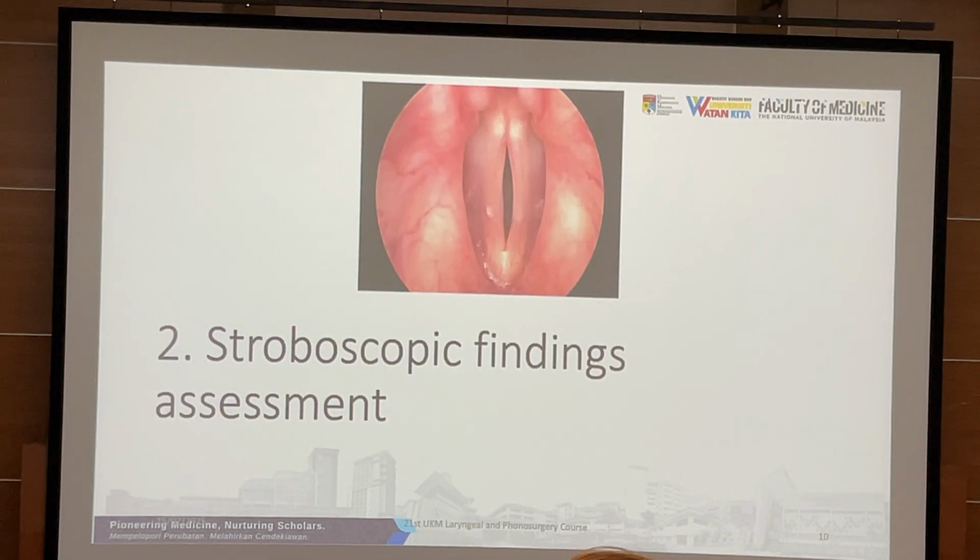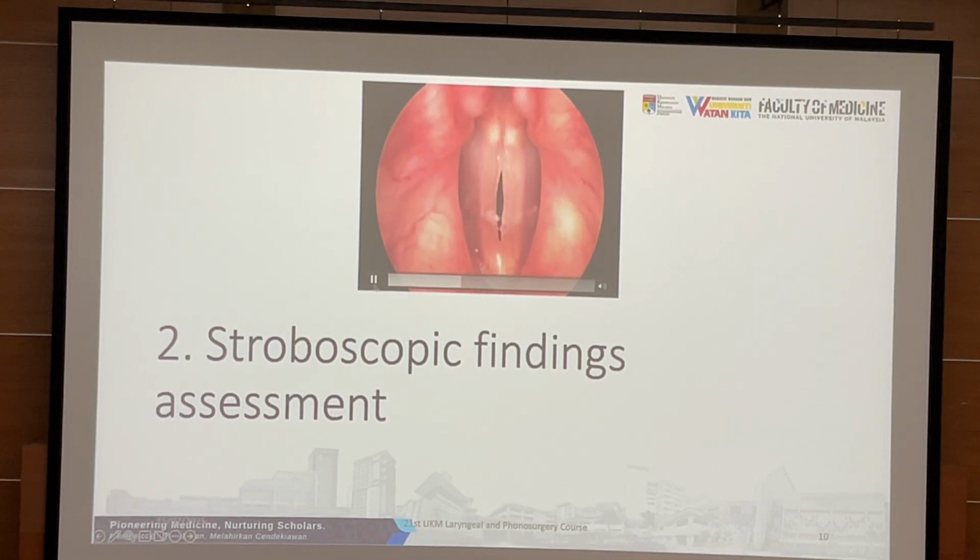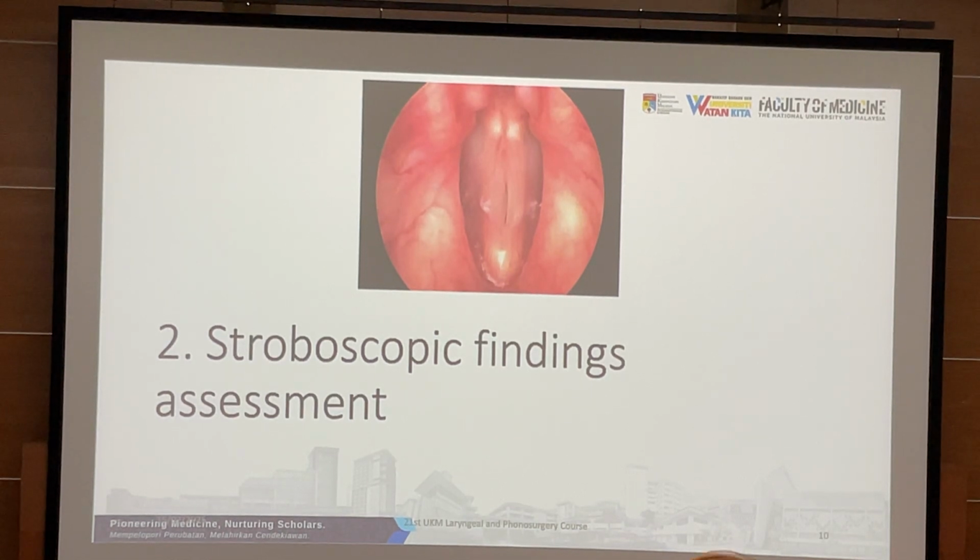So then, the question comes, how do we assess? That has been shown by Dr. Nadira. When I first learned about the stroboscope, I remember my friend Sayuti called me, Marina, how do you document the mucosal wave? What do you write in the file?